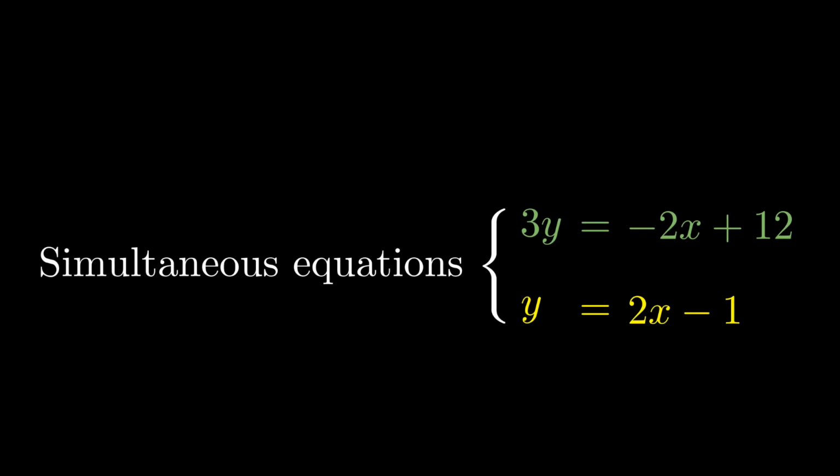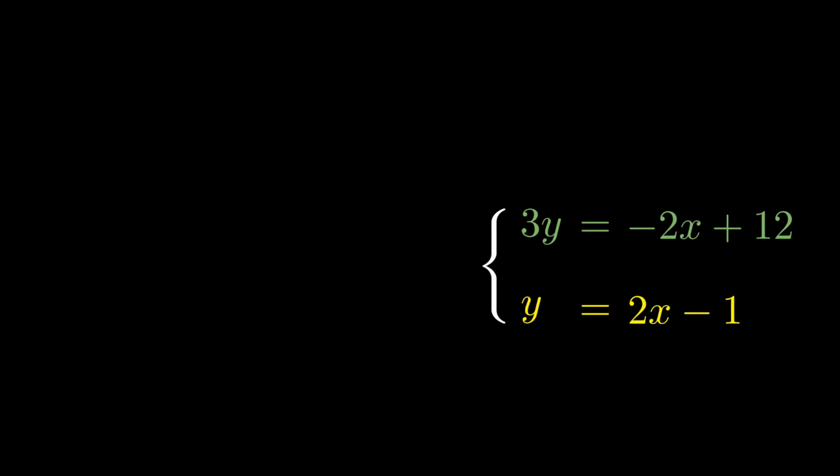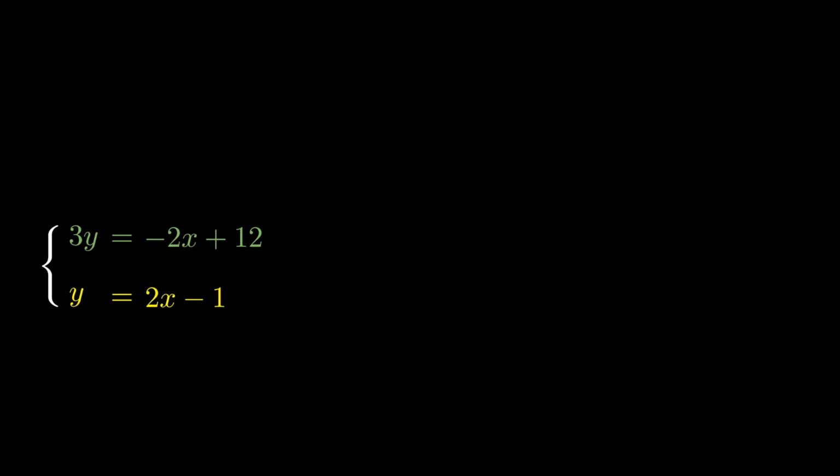What does it actually mean to solve a pair of simultaneous equations? If you draw the lines 3y equals minus 2x plus 12 and y equals 2x minus 1, they will intersect at certain coordinates. So let's construct a graph.